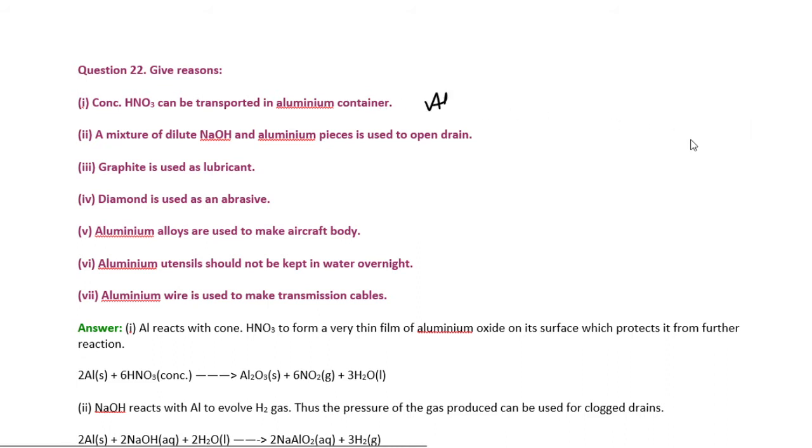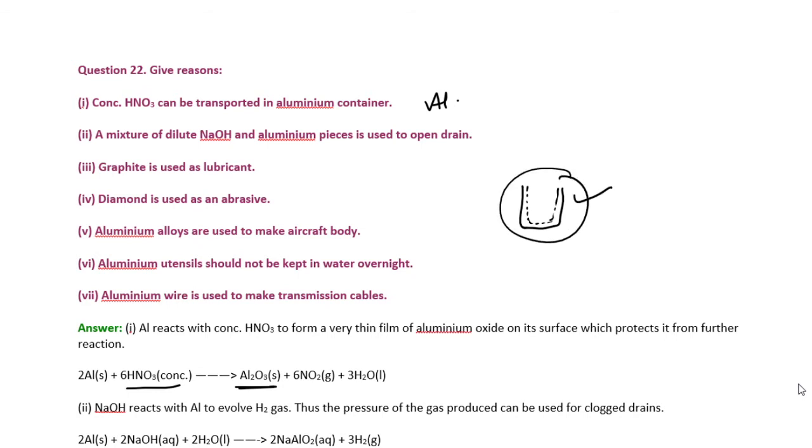Aluminium reacts with concentrated HNO3, and it gives aluminium oxide, and this aluminium oxide forms a layer on the surface of aluminium. So when it forms a layer, it protects the container from further corrosion.